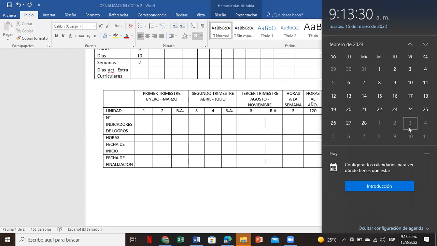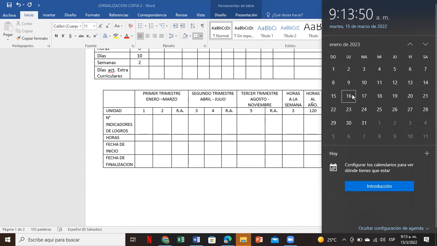So how many weeks do I got? 1, 2, 3, 4, 5, 6, 7 weeks. Supposedly, we got 7 weeks for unit number 1.